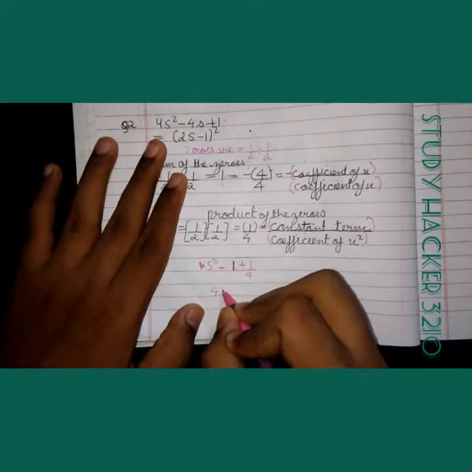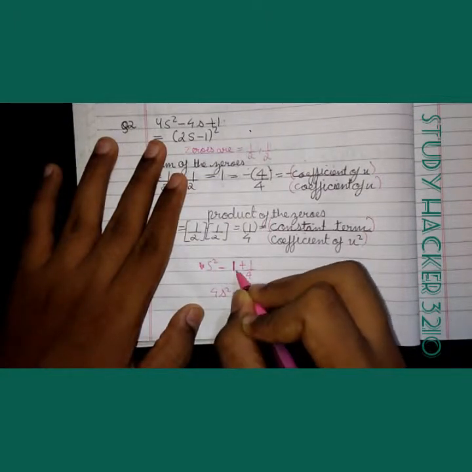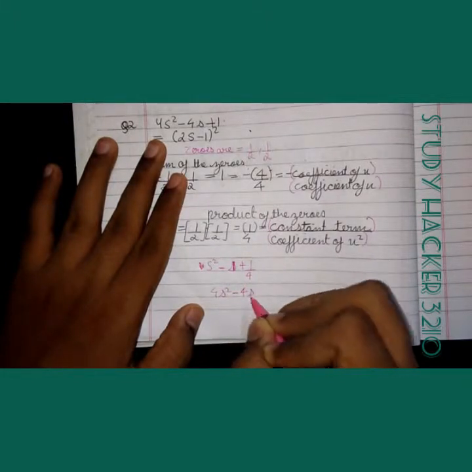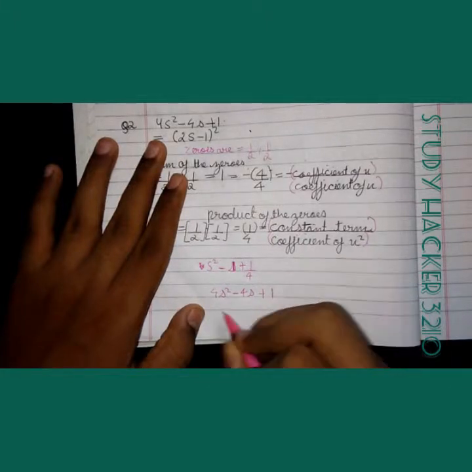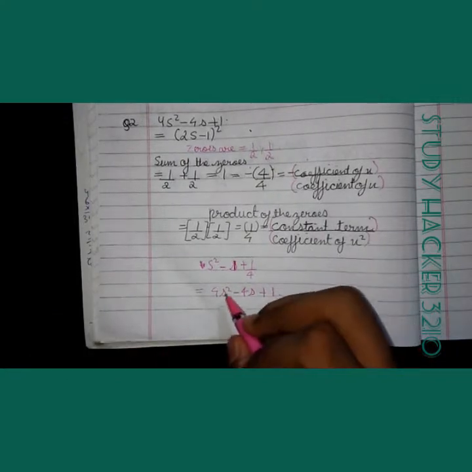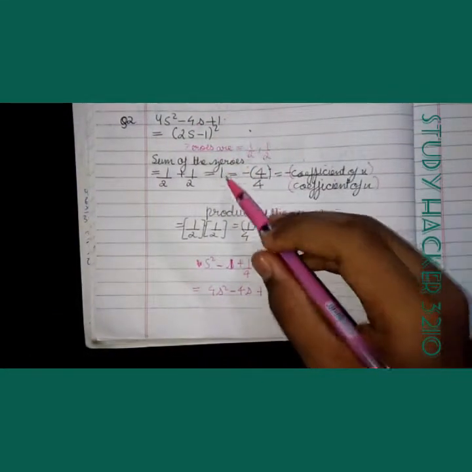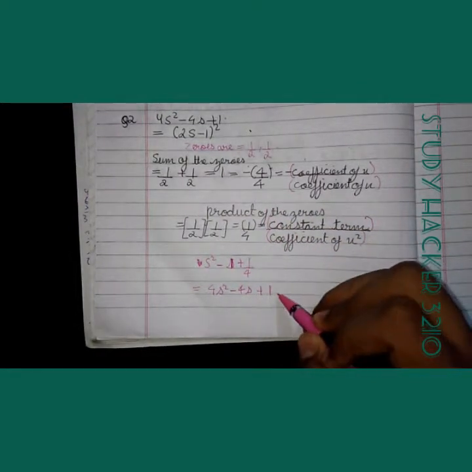So it will be 4s square minus 4s plus 1. Actually here it will be s not 1, s plus 1. So here it is our equation. Many people are confused here that we have written 1 and then we have written 4. So this is to remove the confusion.